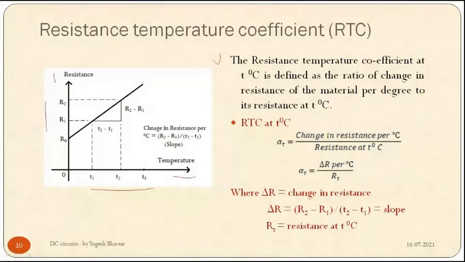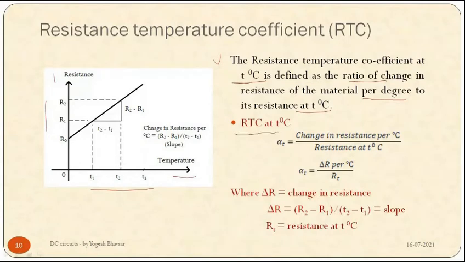Look at it once again. RTC at T degree Celsius is defined as the ratio of change in the resistance of the material per degree to the resistance at T degree. This is RTC at T degree.